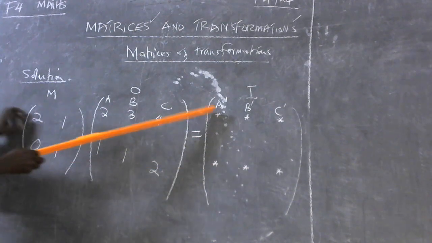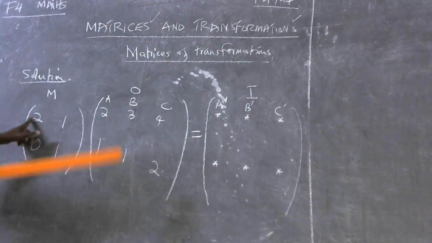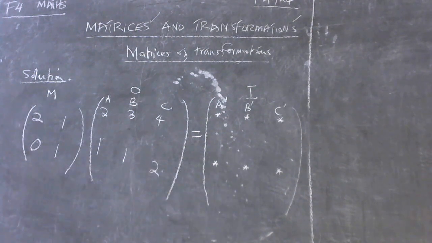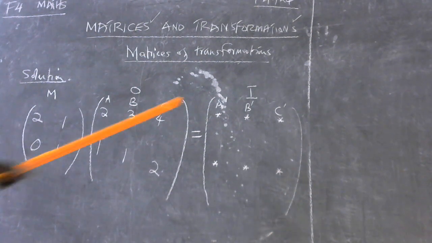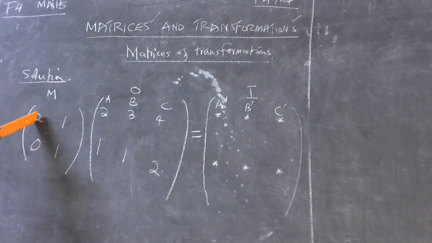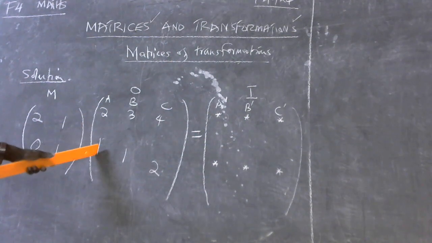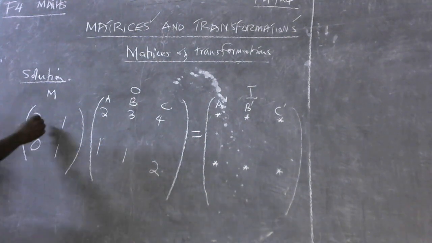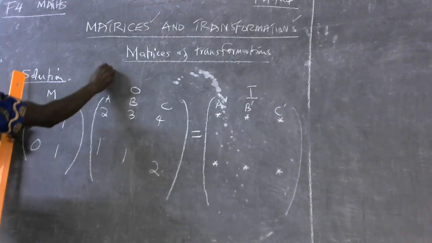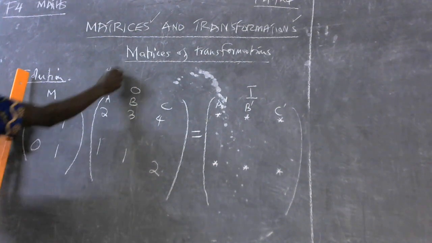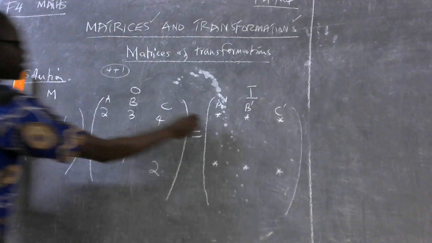So we start with this, but remember we multiply in this order. So let us find out. This one will be 2 times 2 plus 1 times 1. So 2 times 2 is 4 plus 1 times 1 is 1. Total 5. So we write 5.